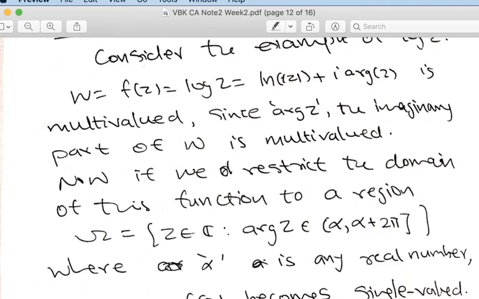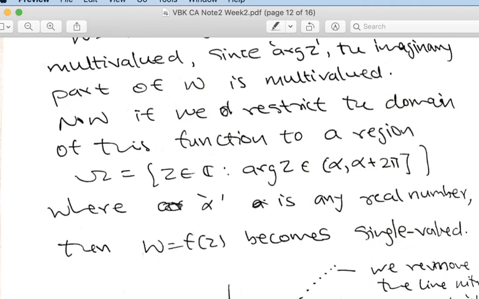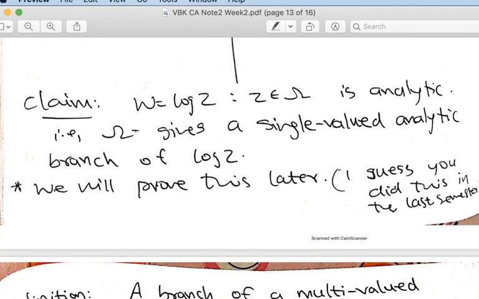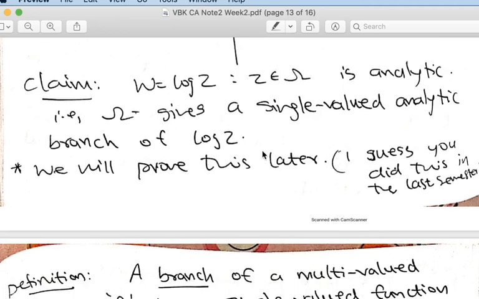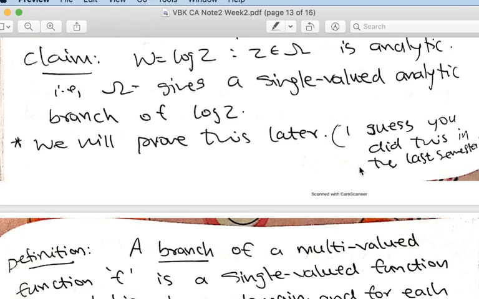That means you remove this line. Then this function becomes single valued. In fact, we can prove that w equal to log z is analytic in that particular region. Okay, and I think you proved this in the first course. Otherwise we will discuss it again.